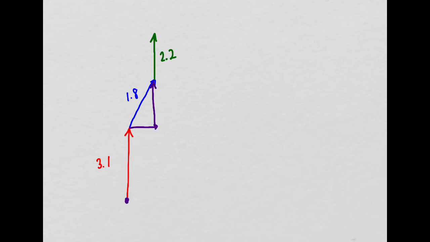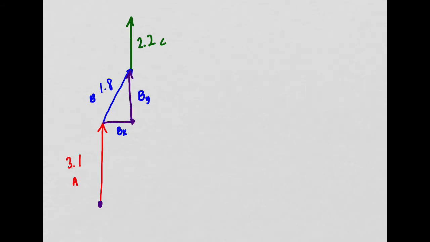Just randomly assigning, this was our A, this is our B, and this is our C. So I'm going to call these B_y and B_x, and I'm going to solve for those two. This is my theta.